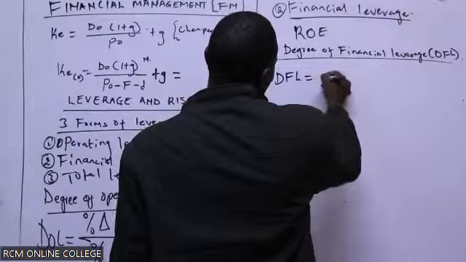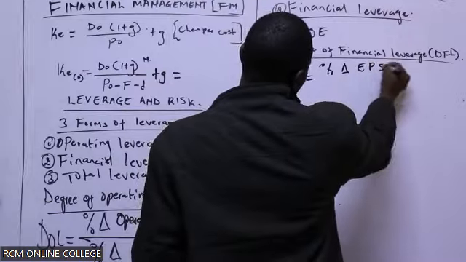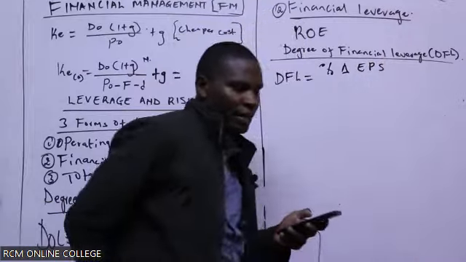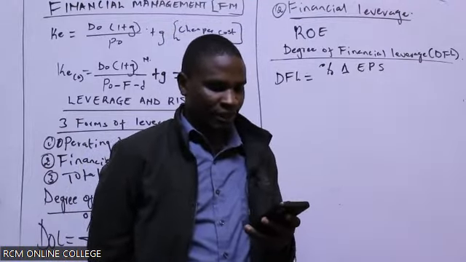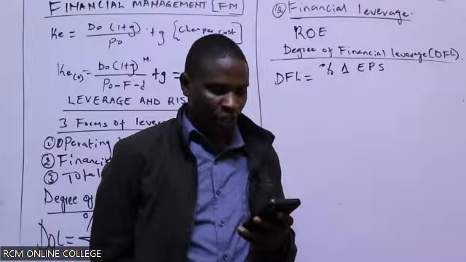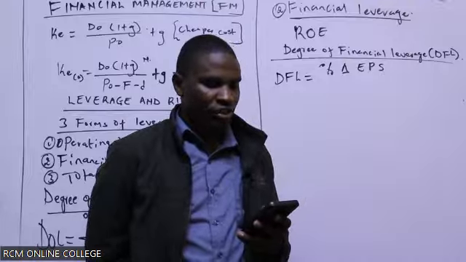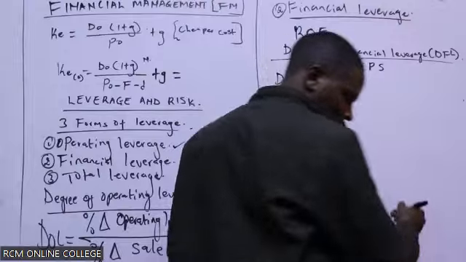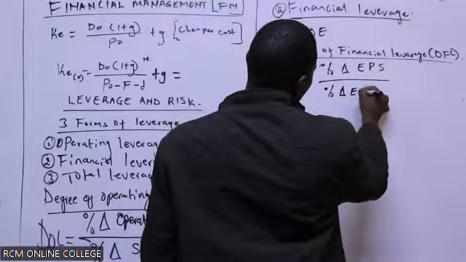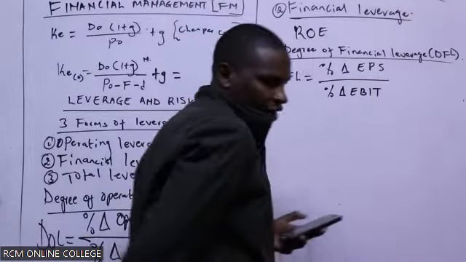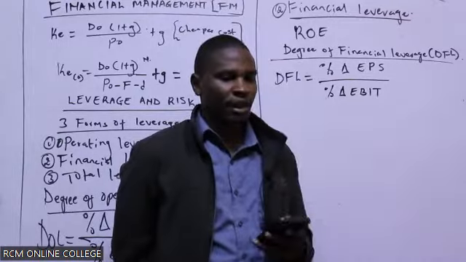DFL is equal to the percentage change in earning per share, divided by the percentage change in earning before interest and tax.